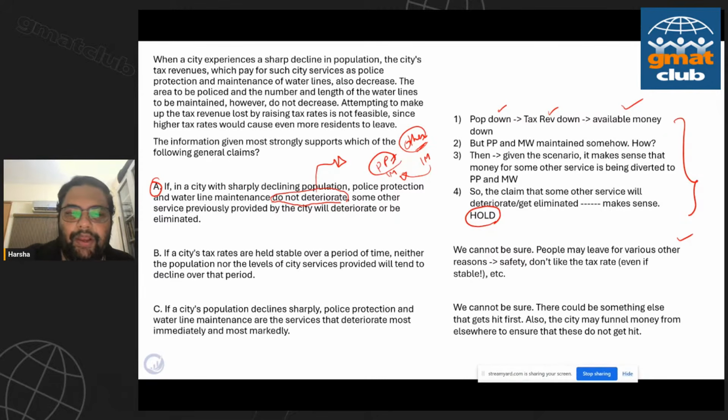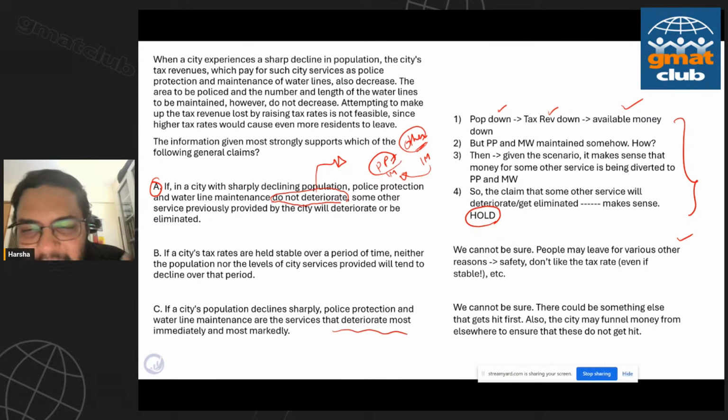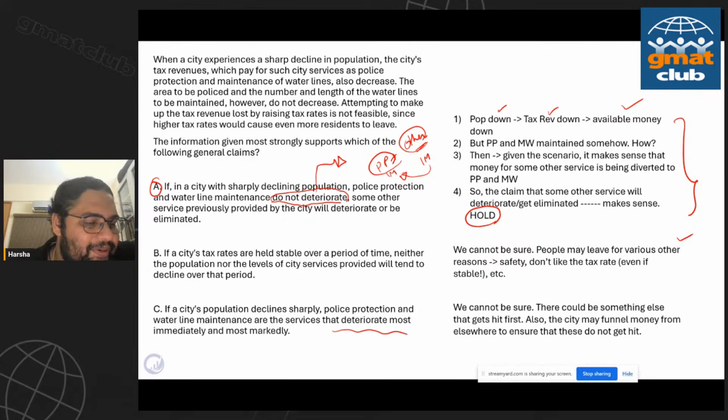Why? All I know is that, yeah, these are clearly somewhat important services, it looks like. All I know for sure is this can get hit, right? Given that money is going down. But we cannot be sure that this is the one that's going to deteriorate the most. There could be some other service that gets impacted much more. Just that the author has not talked about it, right?